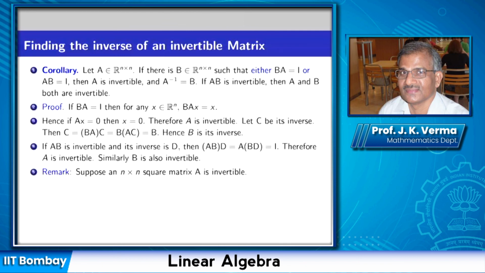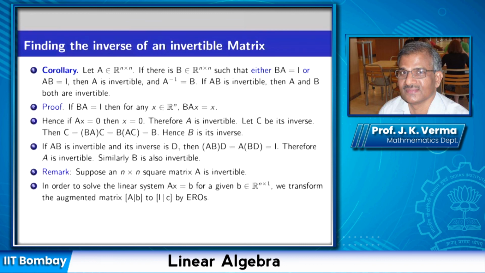Okay. Suppose I have a square matrix A and this is invertible. In order to solve this system Ax is equal to B, we transform the augmented matrix into [I | C] by elementary row operations. Once A is invertible, then I showed that its row canonical form is the identity matrix. So when I convert A into the identity matrix, I get an augmented matrix [I | C].